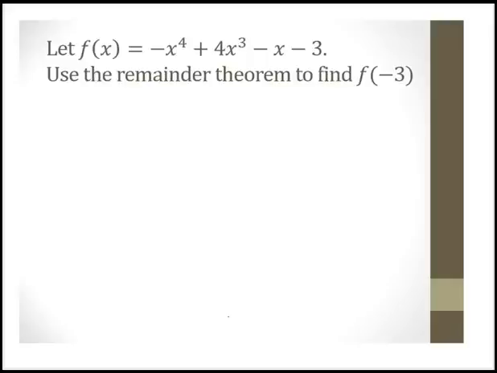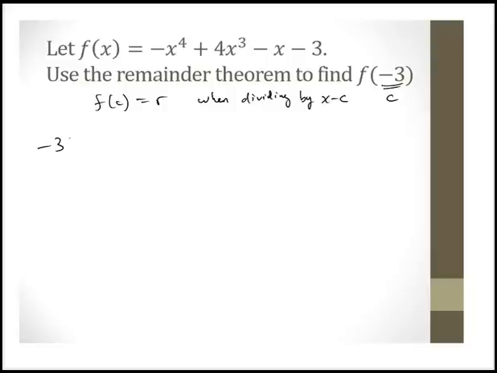Well, this is my c. If I remember that f of c is equal to the remainder when dividing by x minus c, then I'm dividing by x minus negative 3.